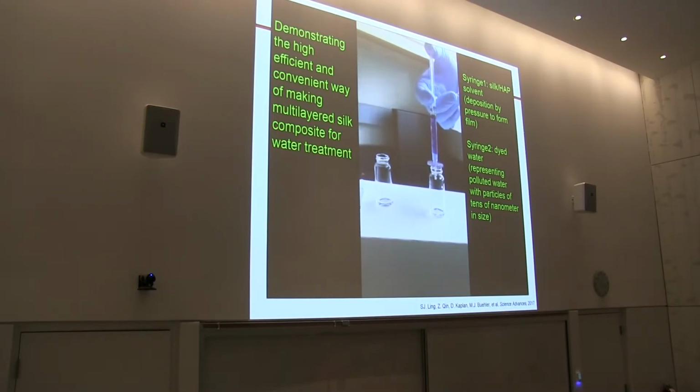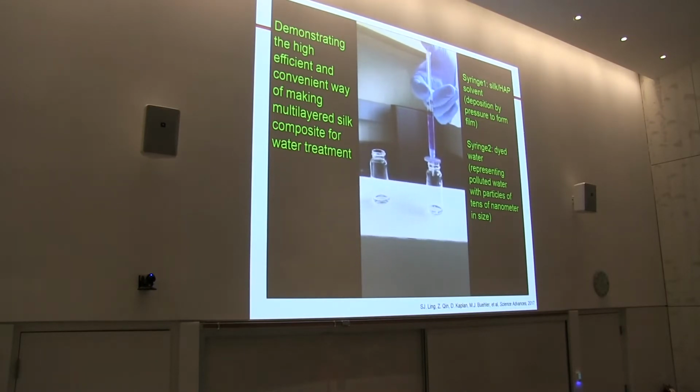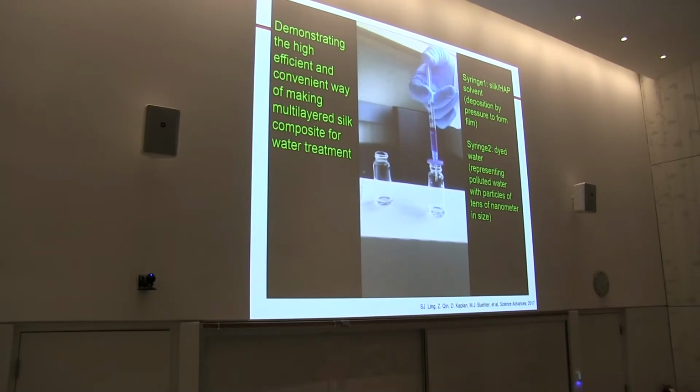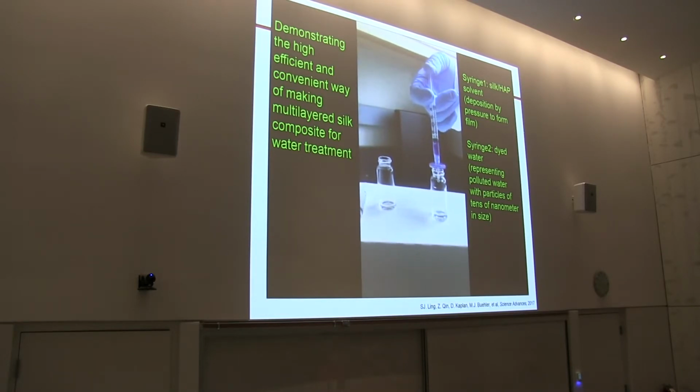The fluorescent dyes have a diameter of several tens of nanometers. And then once I push this syringe through the disc, it becomes very hard because I need energy input to force the water molecules to go through the membrane, but block the other particles on the other side of the membrane.